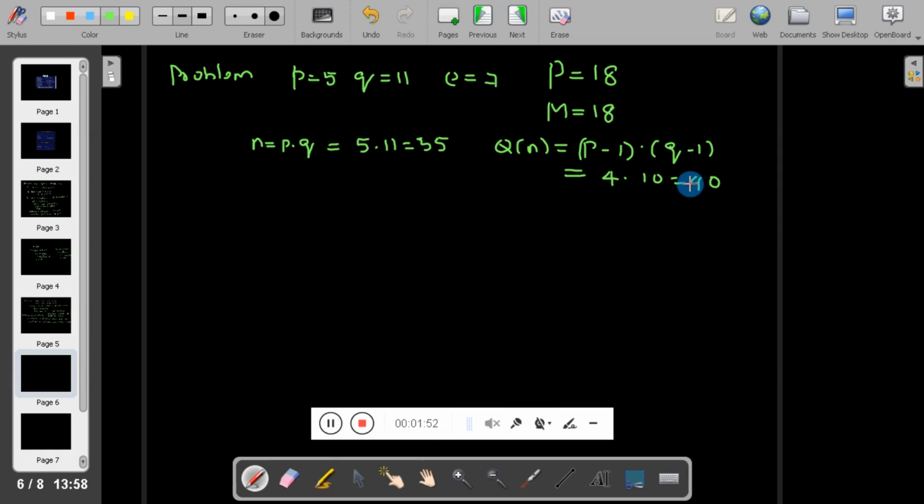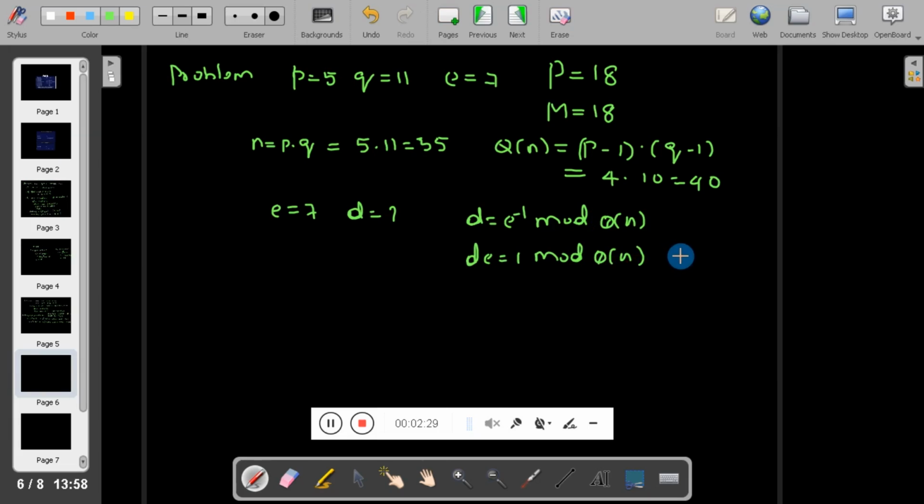So we know e is equal to 7. Now e is equal to 7, that is the public key, or one of the keys, is 7. We need to find d. We have a formula d is equal to e inverse mod phi of n, that is d times e is equal to 1 mod phi of n.